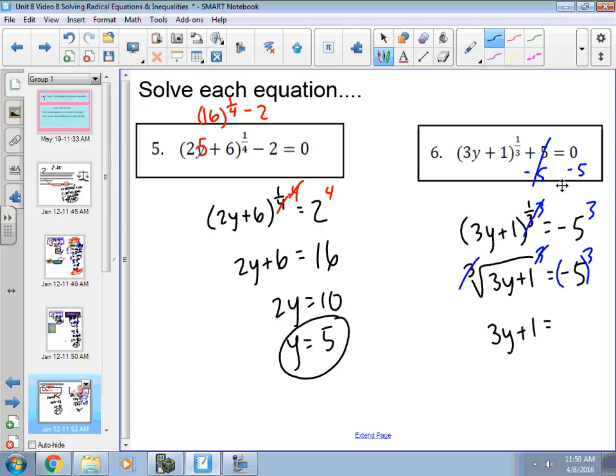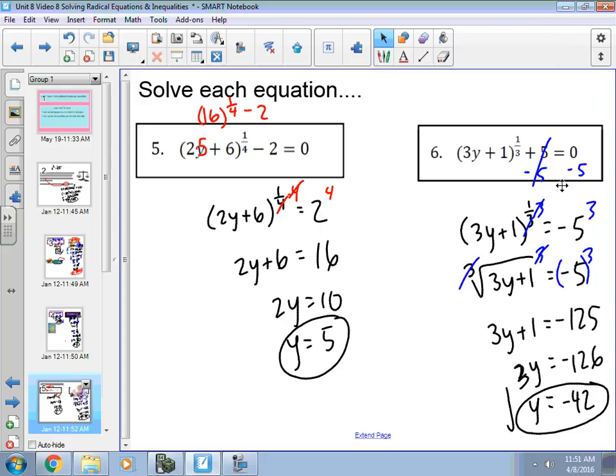If you type that in your calculator, you're going to get negative 125. Now minus 1 from both sides, and that should be negative 126. Divide by 3, and the final answer you should get is negative 42. And you should, again, check by plugging it back in to make sure it checks out. This one actually does check out.